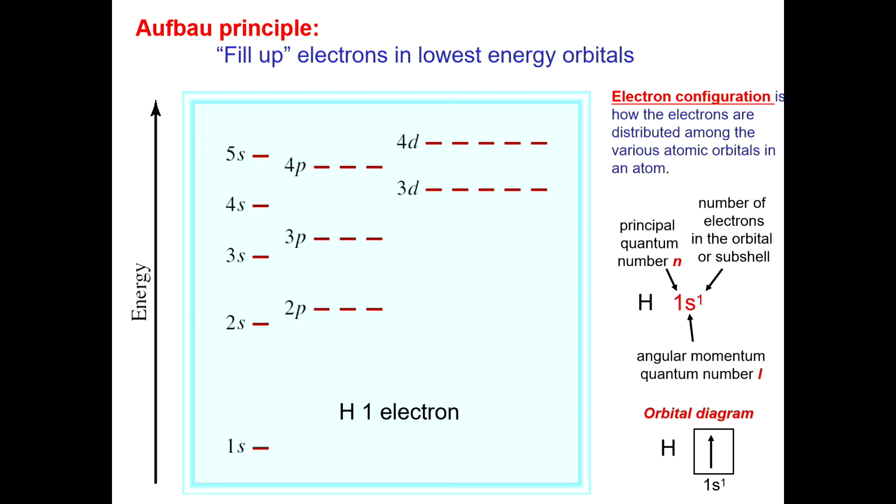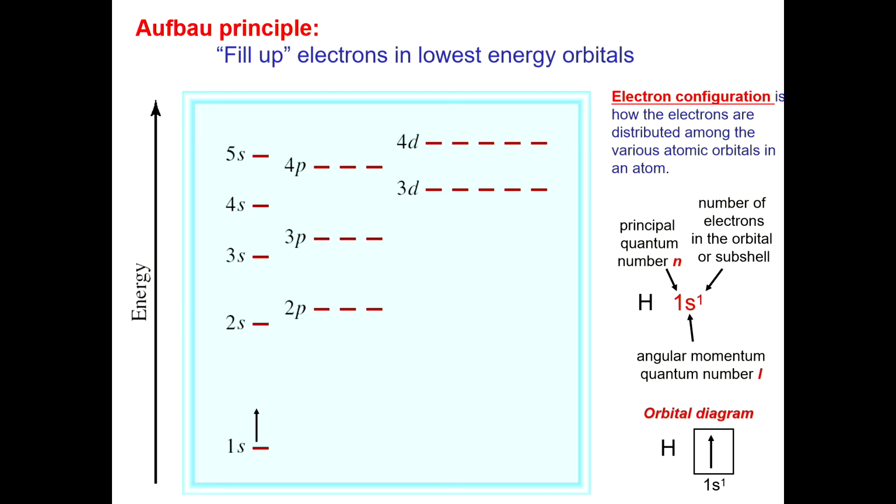Hydrogen has only one electron, and of course it will put this electron in the 1s orbital, right? So we can write hydrogen like 1s1. This is called electron configuration. Electron configuration is how the electrons are distributed among the various atomic orbitals in the atom.